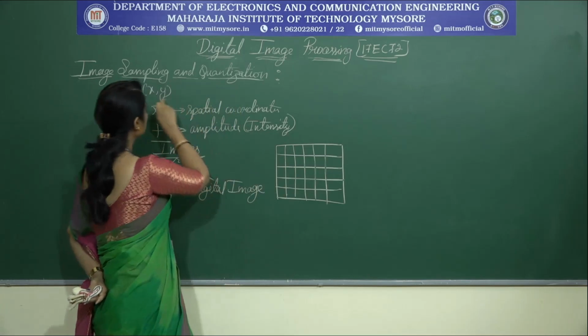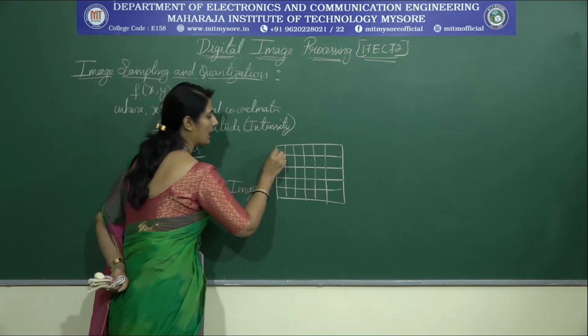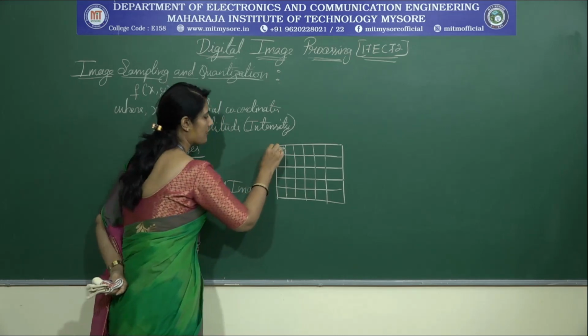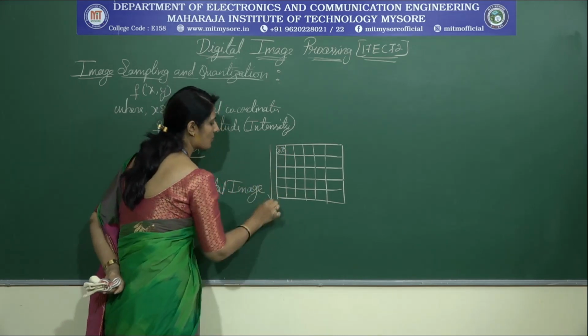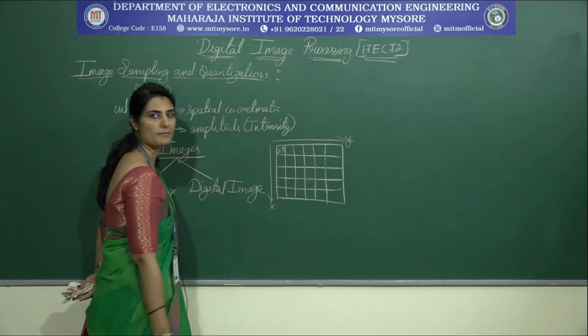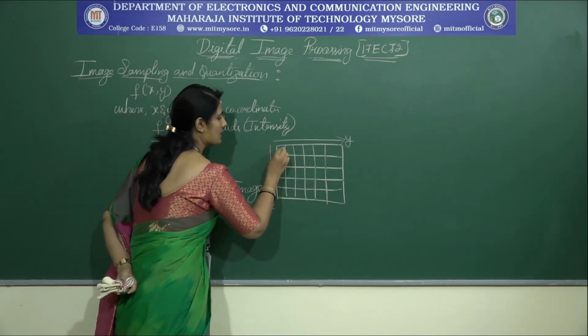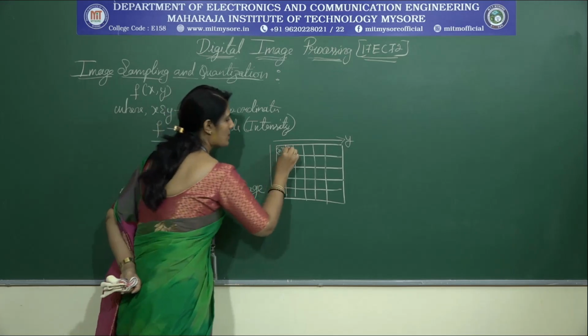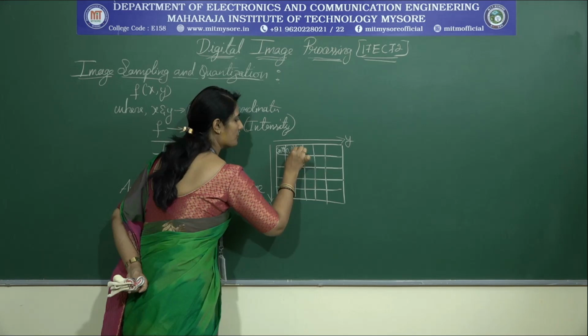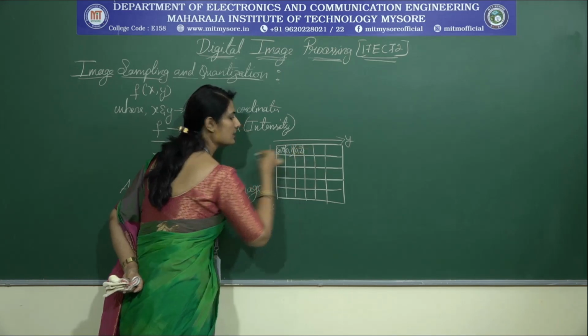For example, if this is an image, here x and y represent the coordinate values. X is equal to 0, y is equal to 0. X represents the number of rows and y represents the number of columns. So first row, first column; first row, second column; first row, third column.